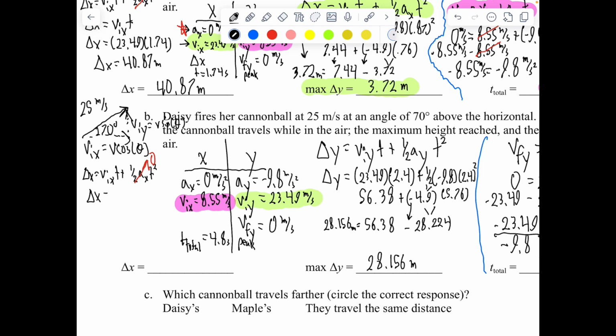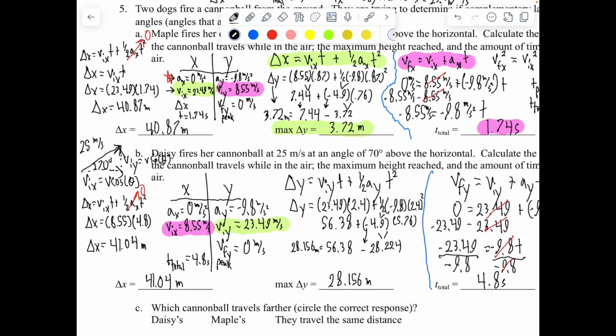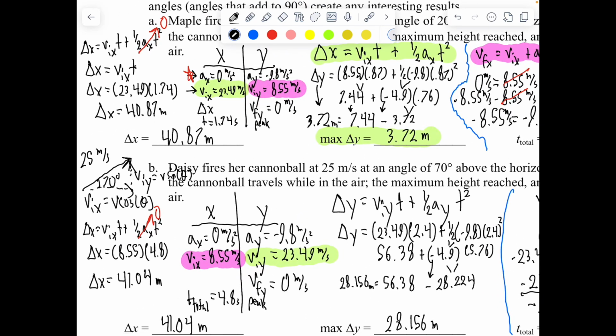Now we just have to plug in our 8.55, multiply that with the time, 4.8. Let's multiply. 8.55 times 4.8. We get our delta x, 41.04 meters.